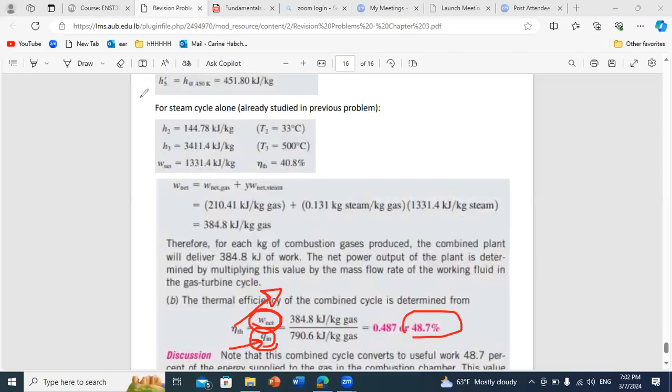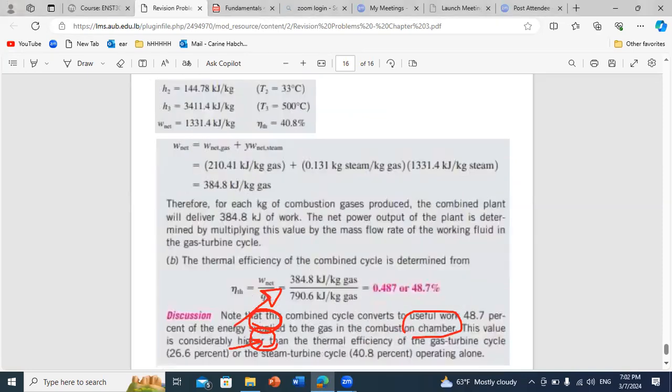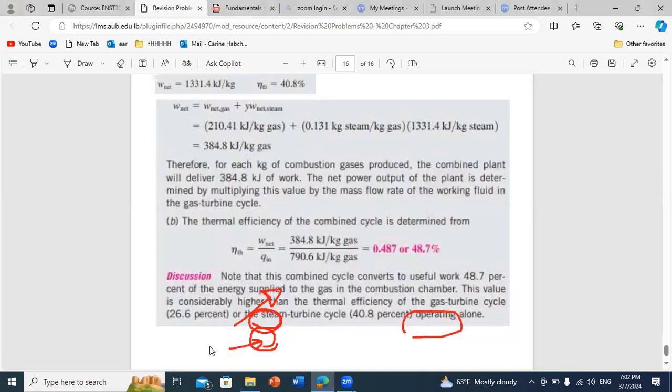For the gas cycle, you increase the efficiency from around 26.6 to 48.7. And for the Rankine, it was 40.8 and now it's 48.7. So the combined cycle has an efficiency larger than each cycle separately, and we have a considerable enhancement in the efficiency, especially compared to the Brayton cycle alone.